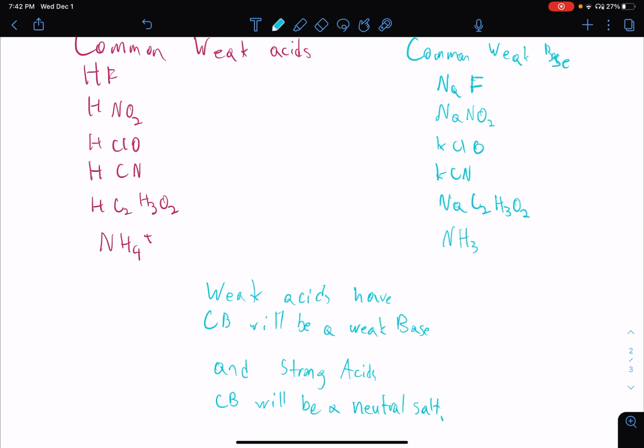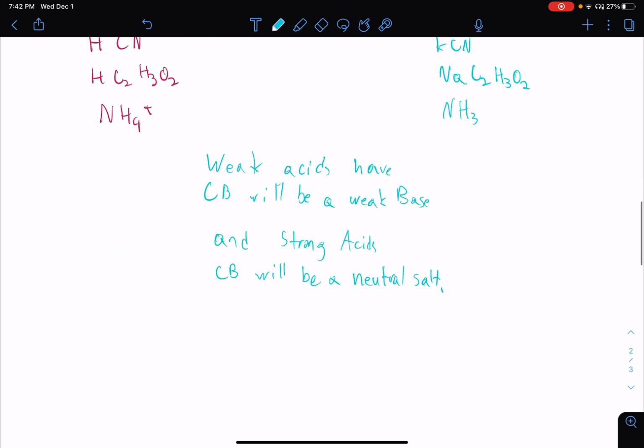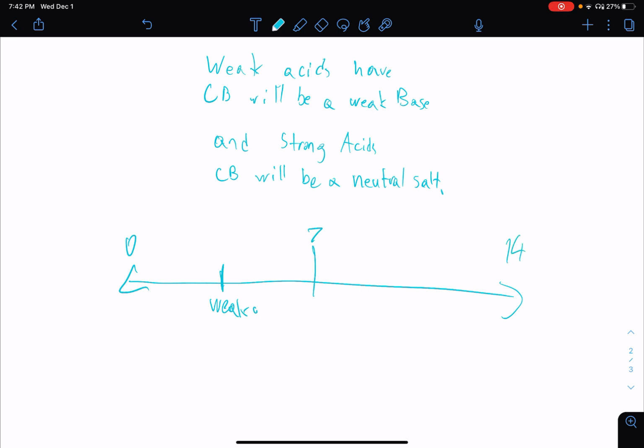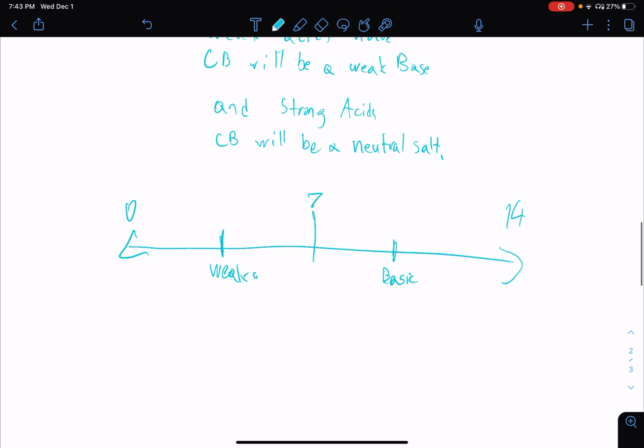It's a good way of thinking about it because if on the scale of pH your weak acid is here, at 0.714, you know that its conjugate base will be a bit basic, and that's another good way to judge if you're dealing with a strong acid or a weak acid.